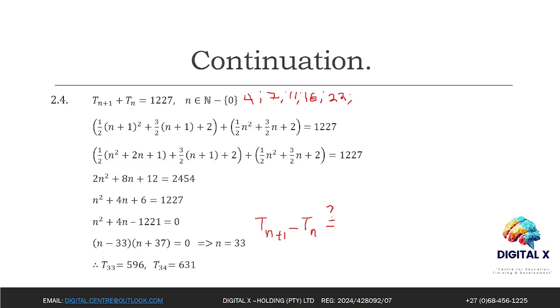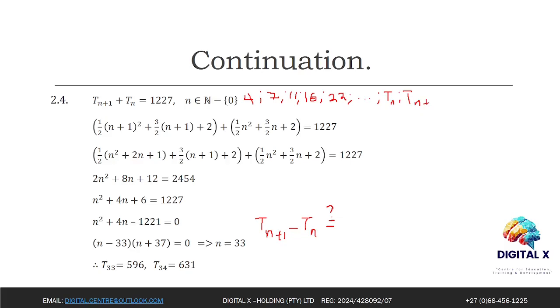And I'm going to extend them with 2 more additional unknown terms, being Tn as well as Tn plus 1.